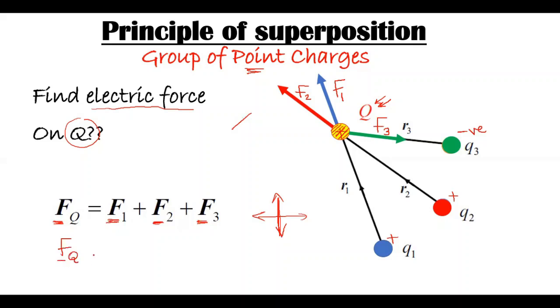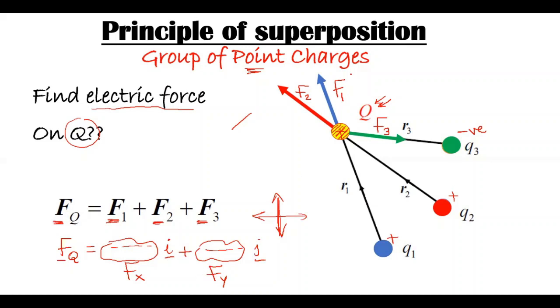The total force on Q capital will be equal to something times i in the i direction plus something here in the j direction, and this thing is the horizontal component which we call Fx, and this thing will be the vertical component, Fy.